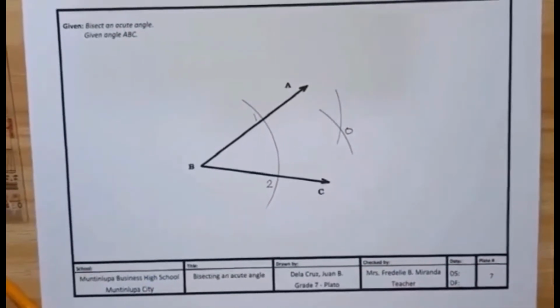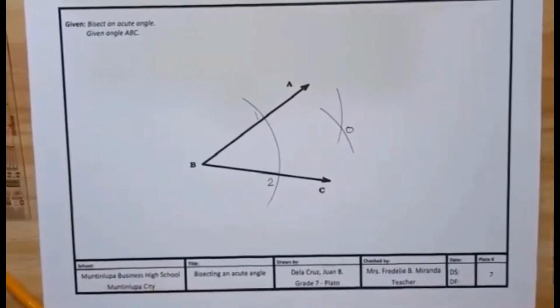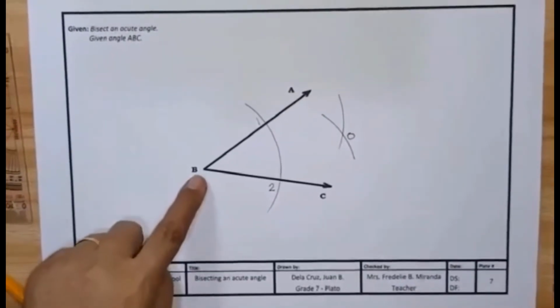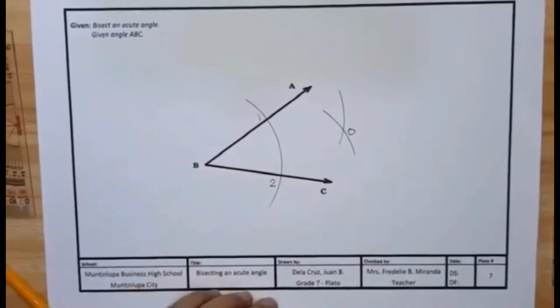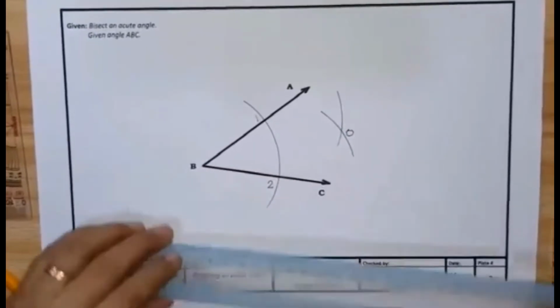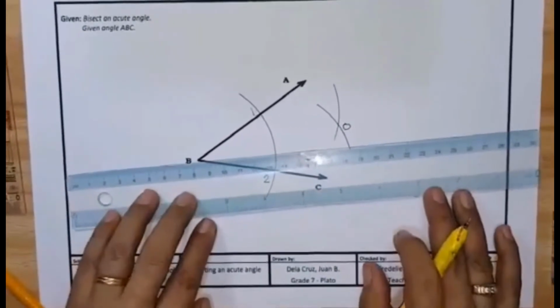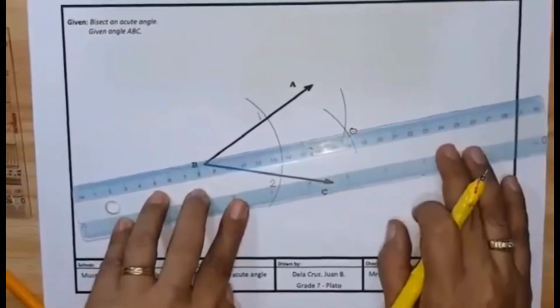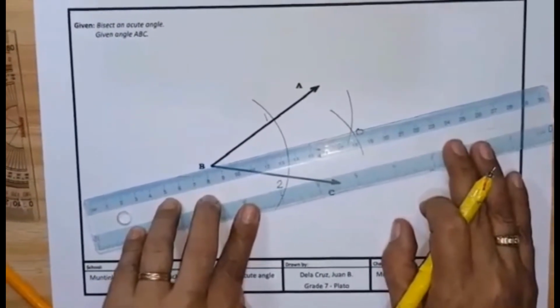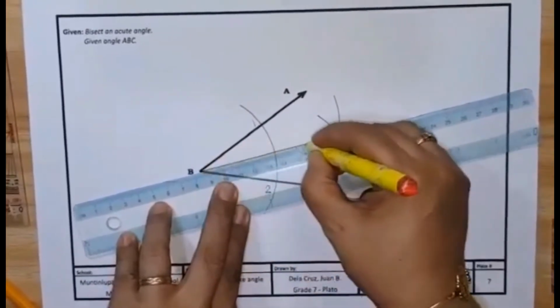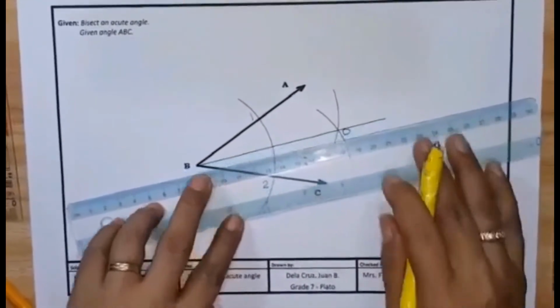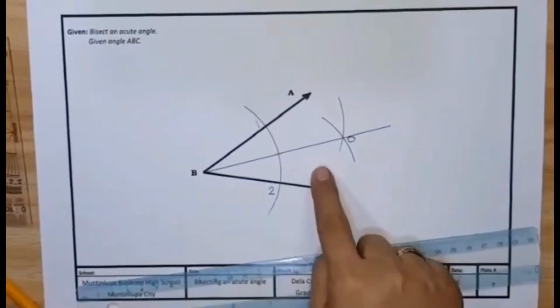Step number 3. Connect vertex of an angle B to point O. Using your foot rule, from point B to point O, connect the 2 points. We have the line bisector.